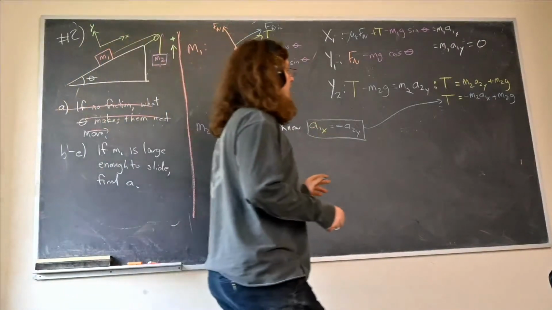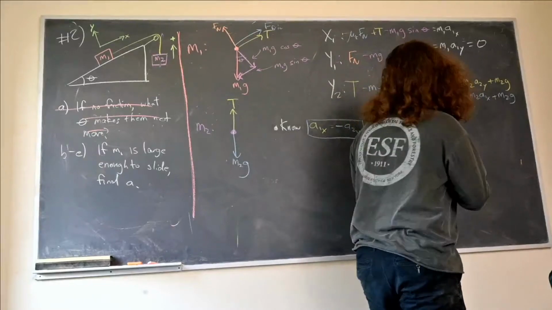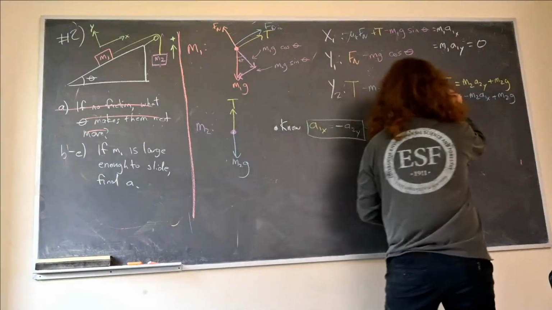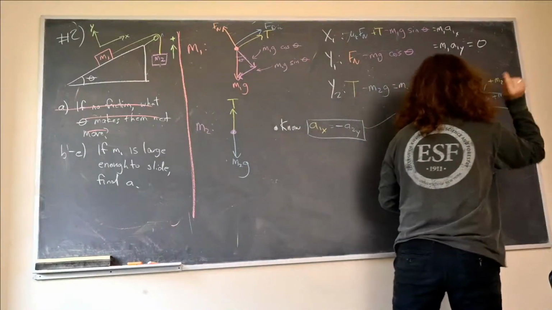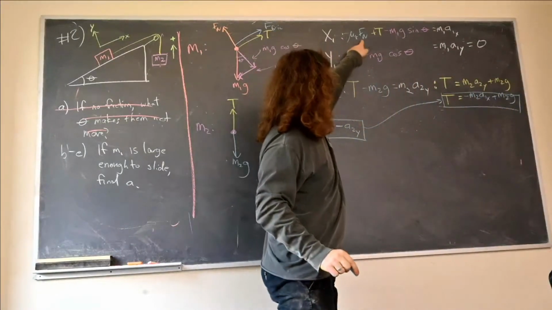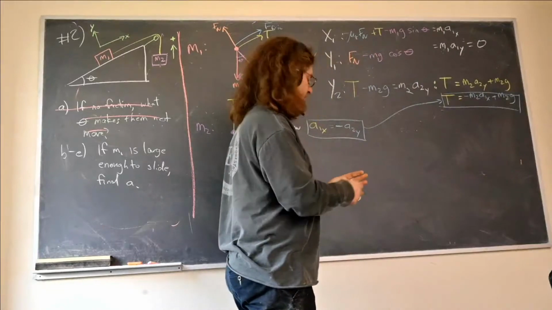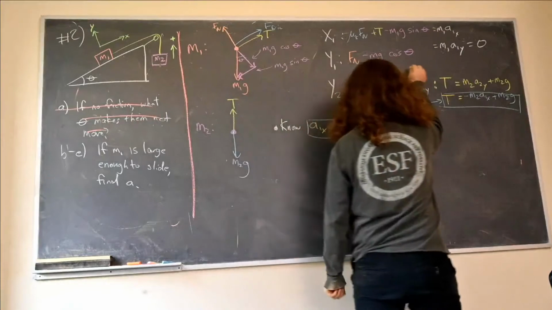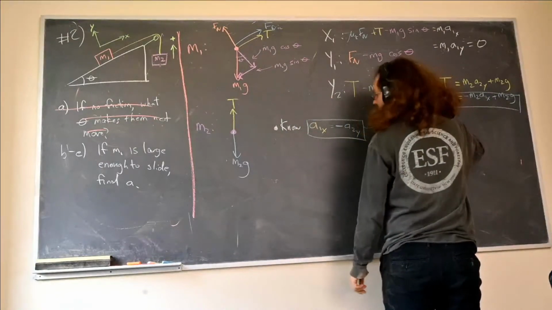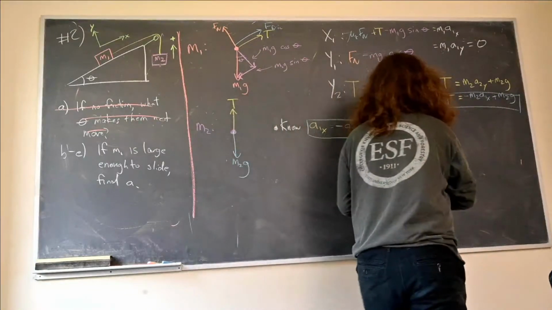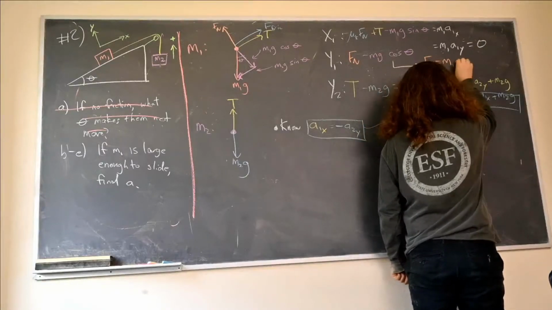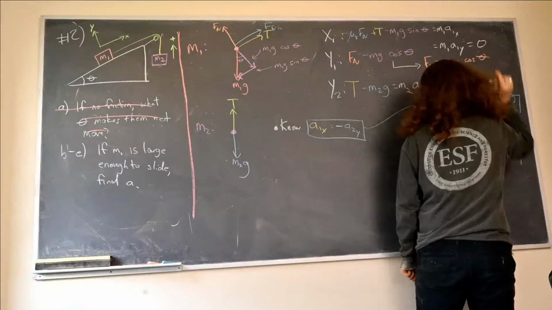So now let me substitute this in. Well, I'm not going to substitute it in yet, actually, because I need to know how big friction is, and to do that I need to know the normal force. So I'm going to come up here. This tells me that the normal force is equal to m1g cosine theta.